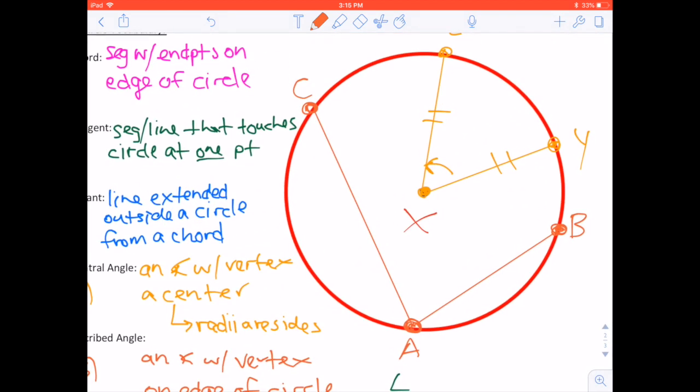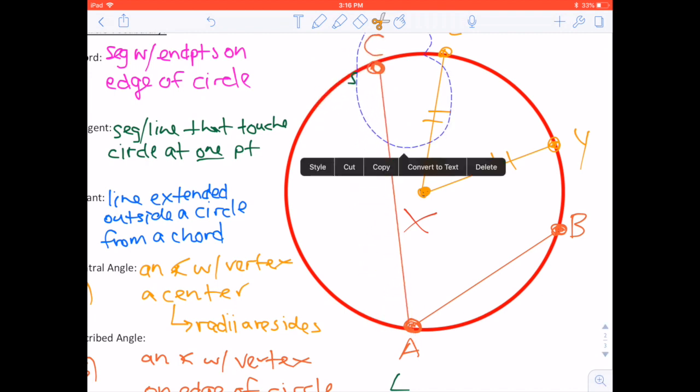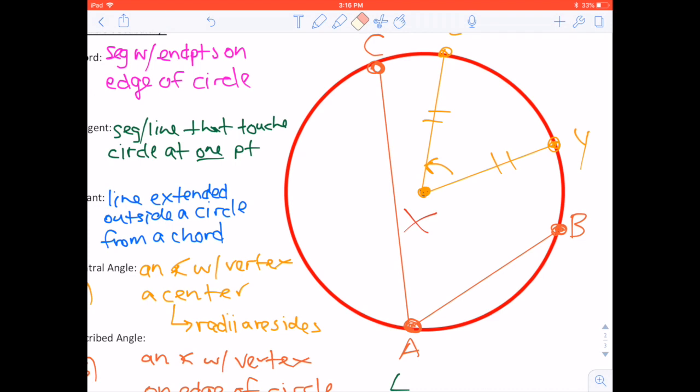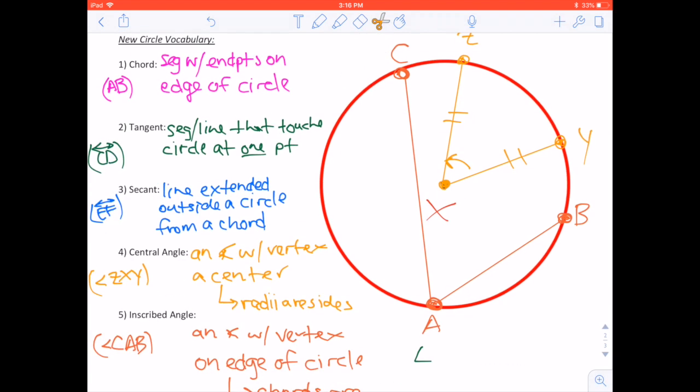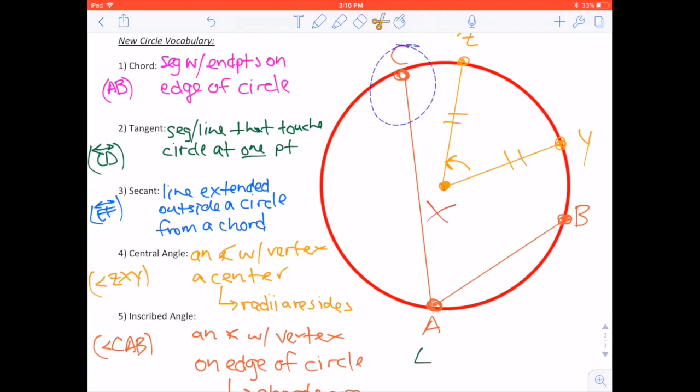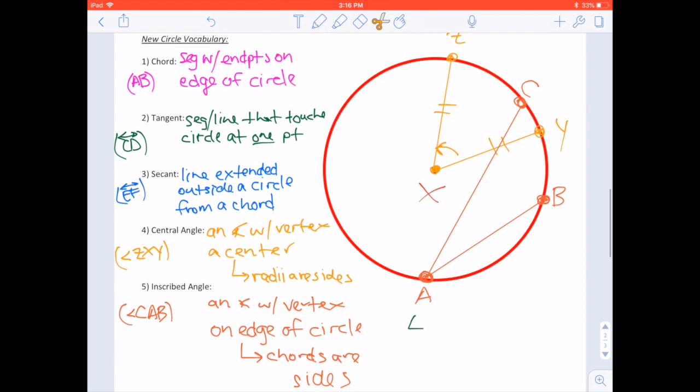We can see that AB is a little shorter than AC just by looking. But again, I can move this point anywhere I want along the circle. I can make it a little smaller. It's still a chord, still on the edge of my circle, and that is also a chord. And it's still an inscribed angle with the vertex of angle A.